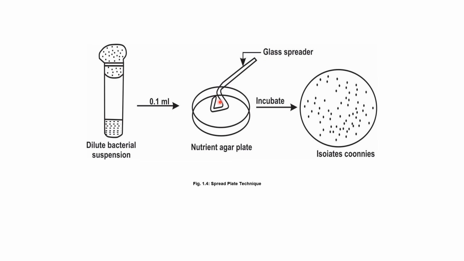Now, this apparatus is known as the glass spreader. By using that glass spreader, you can spread the suspension uniformly on the surface of the nutrient agar plate. After incubation, you will get isolated colonies on the surface of the agar plate.